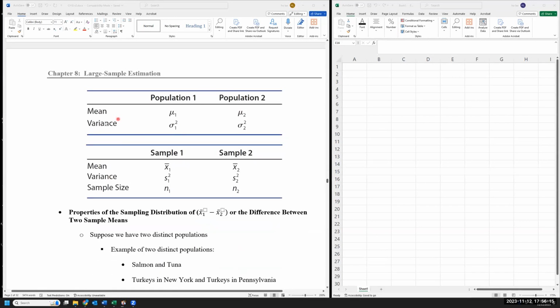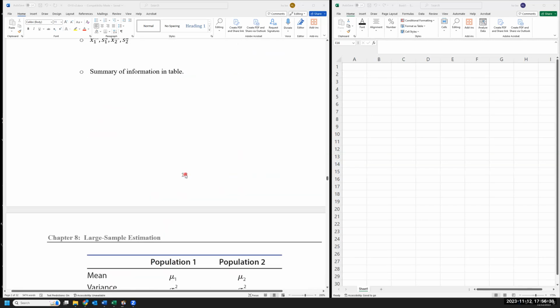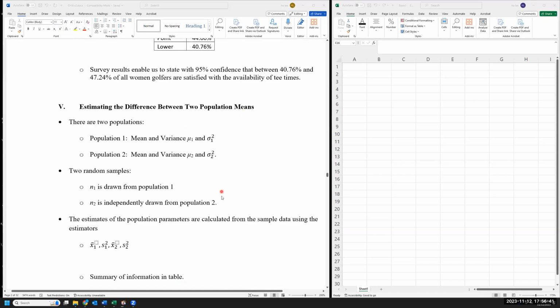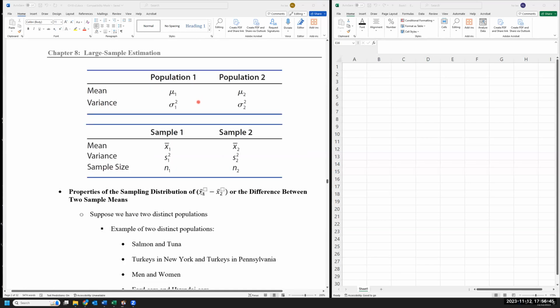So again, here's a summary table. The goal is to say something about the population parameters, mu1, mu2. And what we do is we take a sample to talk about and estimate population parameter differences. Remember, the goal here is the difference between two population means. So what we want to do is see, is there a difference?